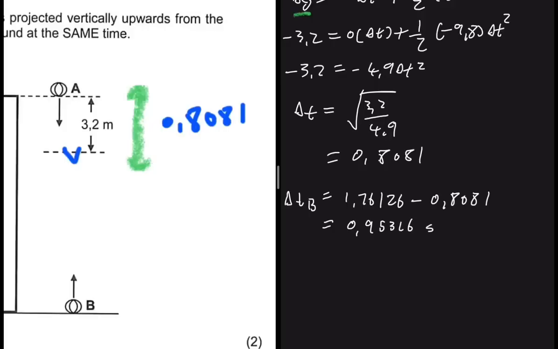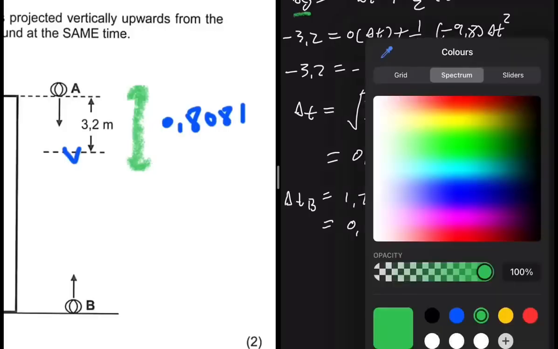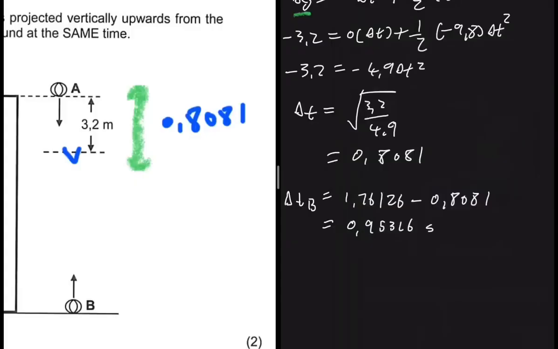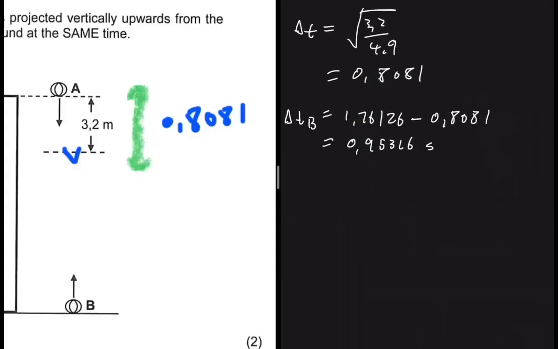Let's revisit the information we have for ball B and see if we can manage to find that VI. We have the time for the total motion, and VI is still our unknown. We have the acceleration, which is minus 9.8 meters per second squared. If we take the motion from the ground to the maximum height, we have a VF which is equal to 0.